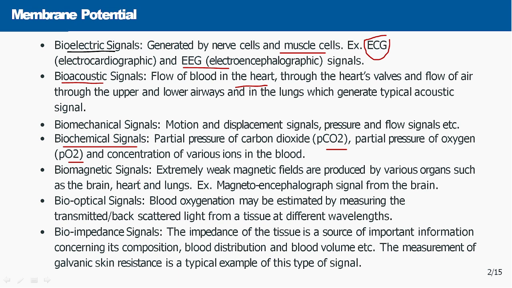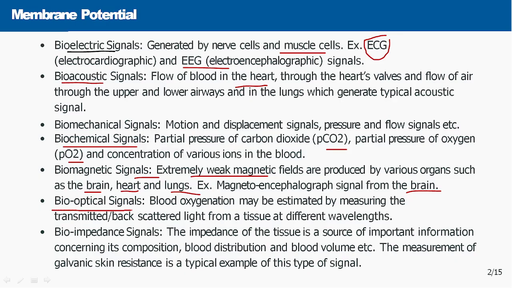We have biomagnetic signals, where extremely weak magnetic fields are produced in various organs like the brain, heart and lungs. Those are called magnetoencephalogram signals when generated by the brain.